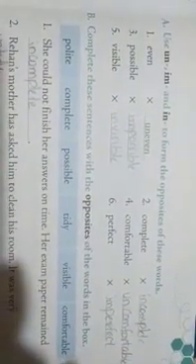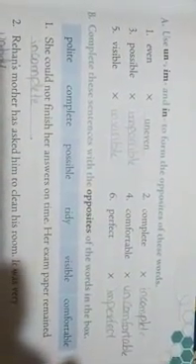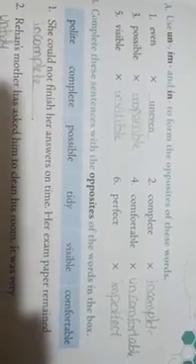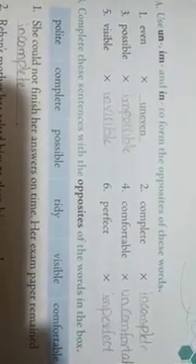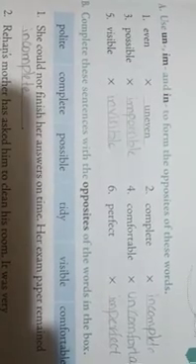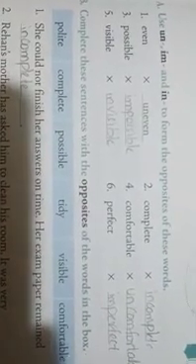Use un, im or in to form opposites of these words. So the first one is even. So we write it as uneven, un, even, uneven. Second one, complete.